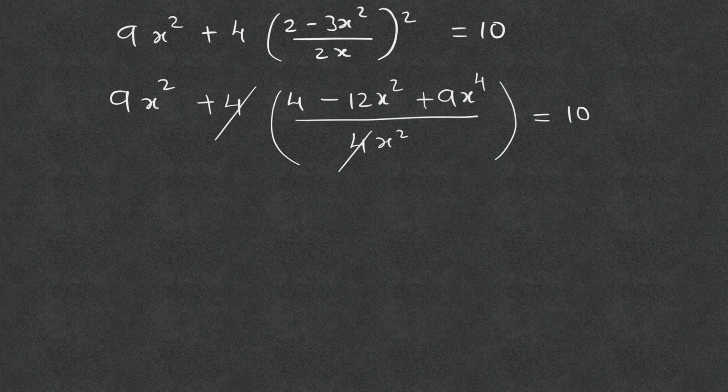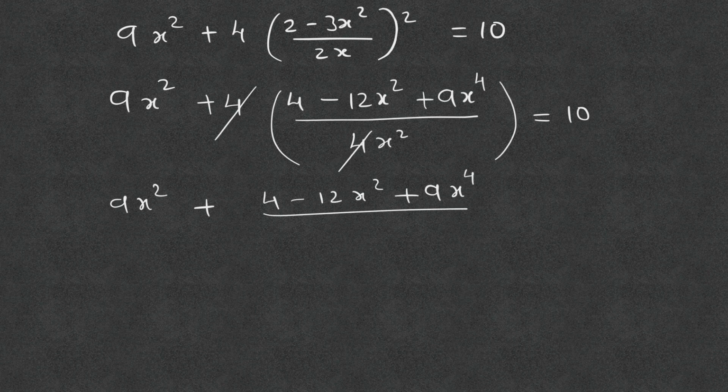And so you have 9x squared plus (4 minus 12x squared plus 9x to the 4) divided by x squared equals 10. And so we can multiply throughout by x squared in order to knock the denominator off.